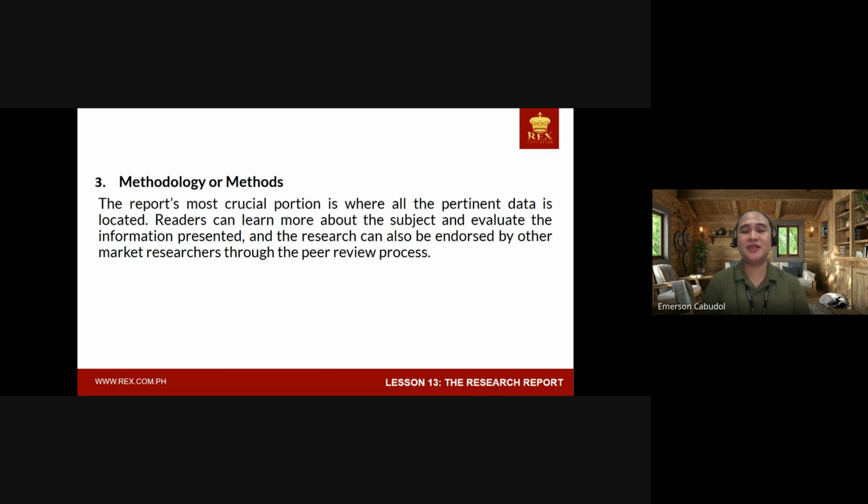It may include statistical analysis methods for quantitative data. For example, when regression analysis is to be applied or is applied to your data, or if it is qualitative, thematic analysis or biometric analysis.